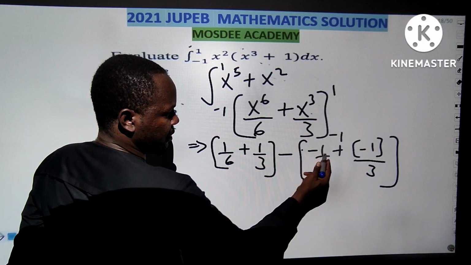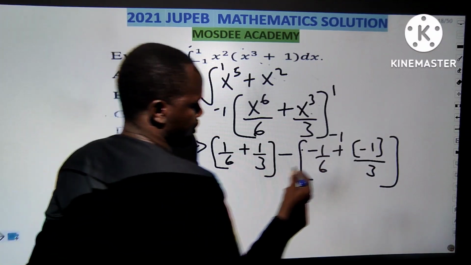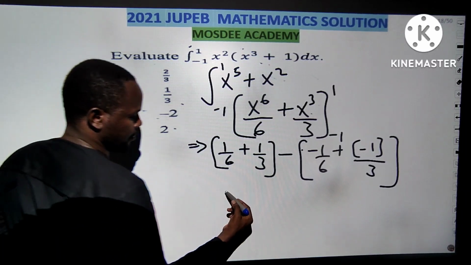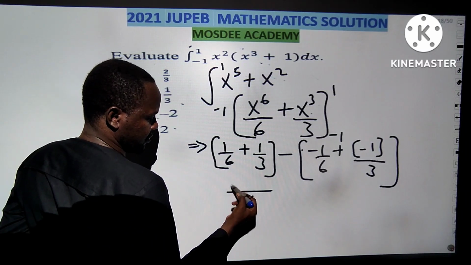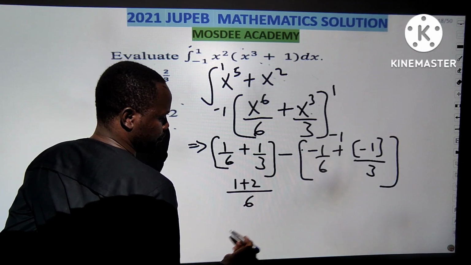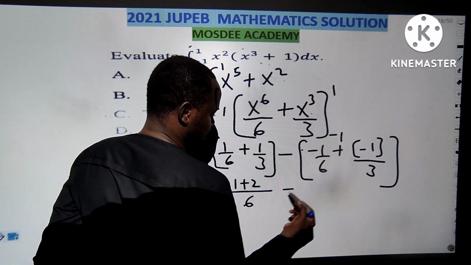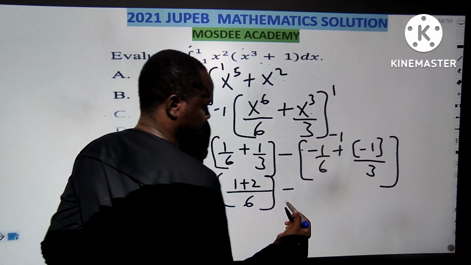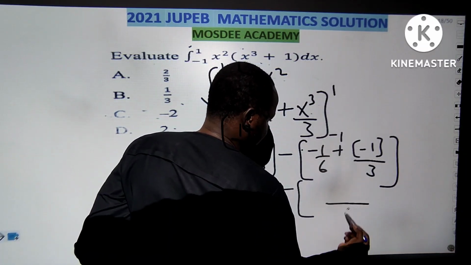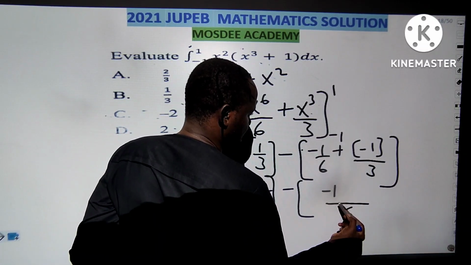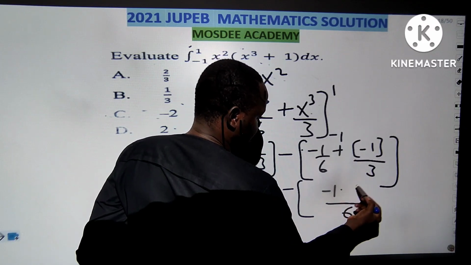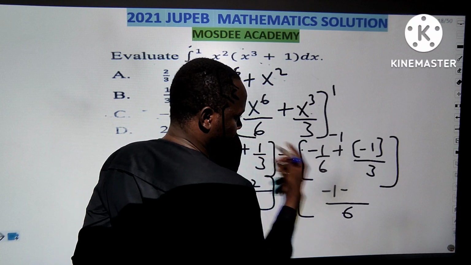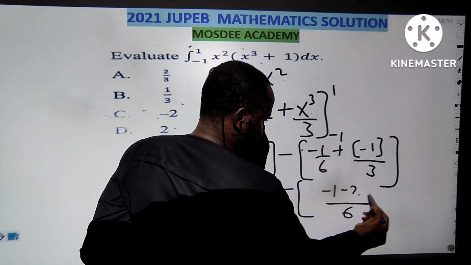The LCM will be 6, so directly I'll put 6, 1 plus 2. Then minus, big minus, the same thing, LCM is 6, minus 1, minus 2. Am I right?